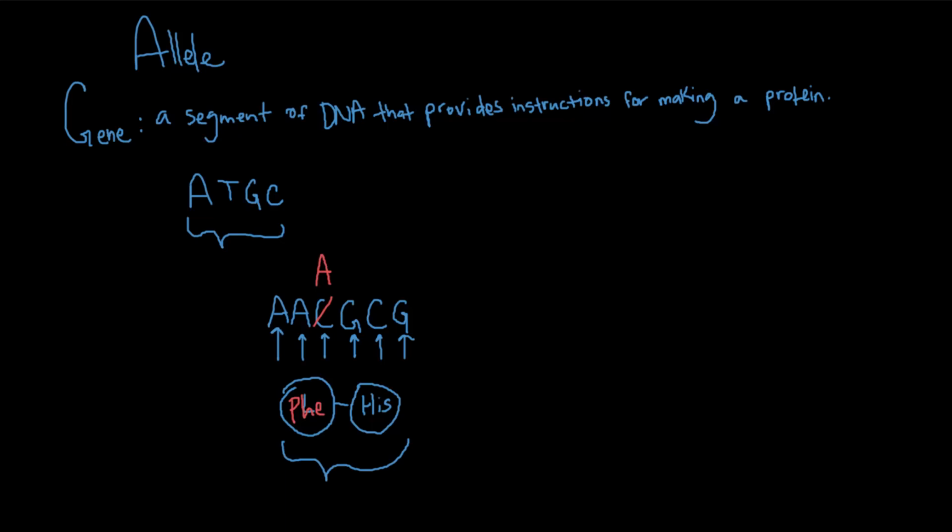Now we know from chapter 5 that the primary structure of a polypeptide ultimately determines how that polypeptide folds.